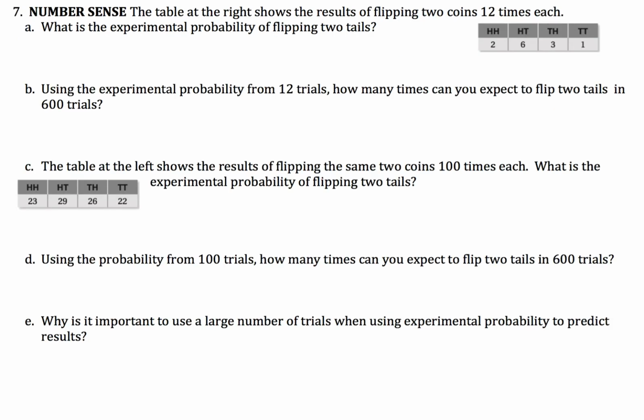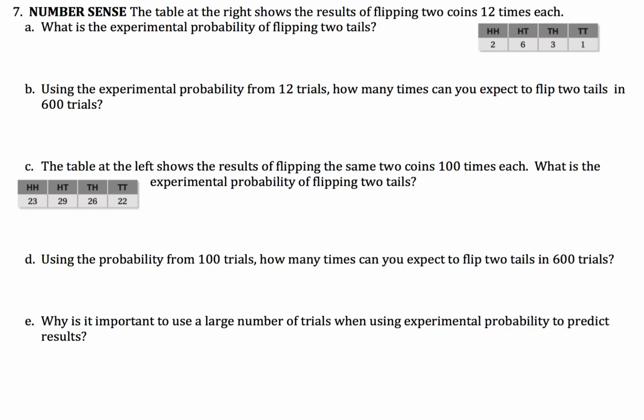Number 7, we've got 2 coins being flipped 12 times and answering some questions on it. Well, actually, that was 1 coin. The second, starting at C, is 2 coins being flipped 100 times, and you answer a couple questions about it. Keep in mind the difference between theoretical and experimental probability.